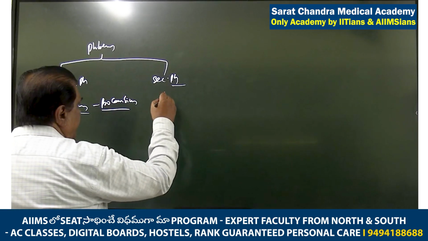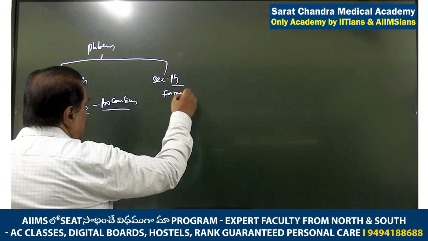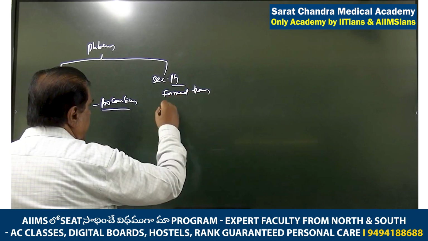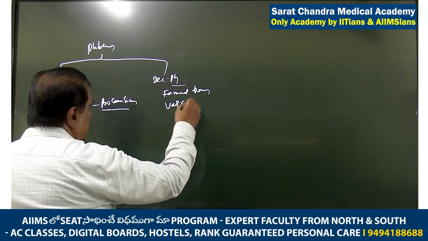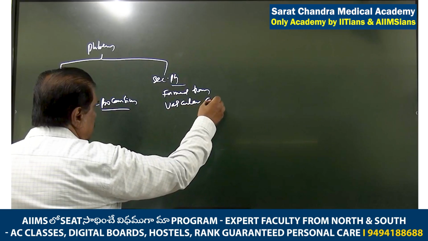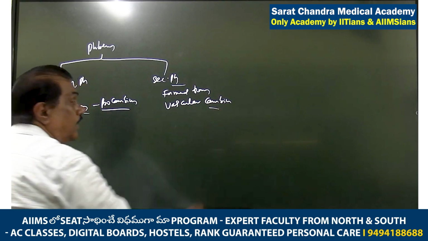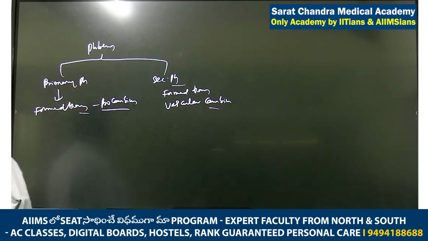But secondary phloem is formed from? Yes, vascular cambium. Not fascicular vascular cambium. Fascicular vascular cambium, that is intrafascicular cambium, is a primary meristem. This is only vascular cambium. It is formed by the union of intrafascicular cambium and interfascicular cambium.